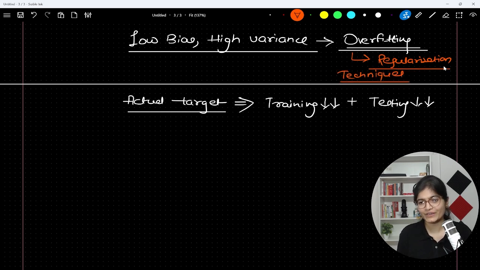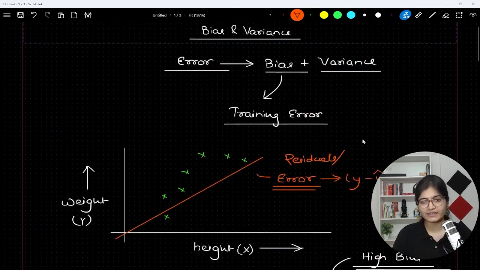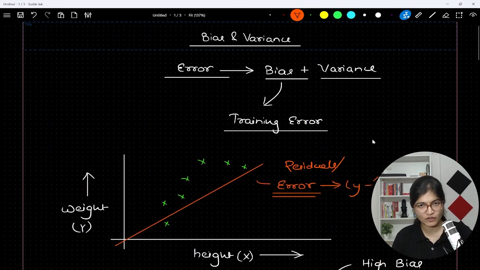So basically, we have a few techniques. In deep learning, we have something called dropout. In machine learning, we have some regularization techniques, which basically help us avoid this problem of overfitting, where we have low bias and high variance, right? So this is the overall idea behind the concept of bias versus variance, overfitting versus underfitting, and what the ideal case scenario is.